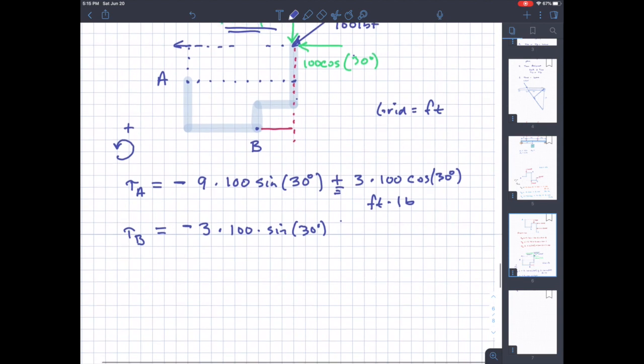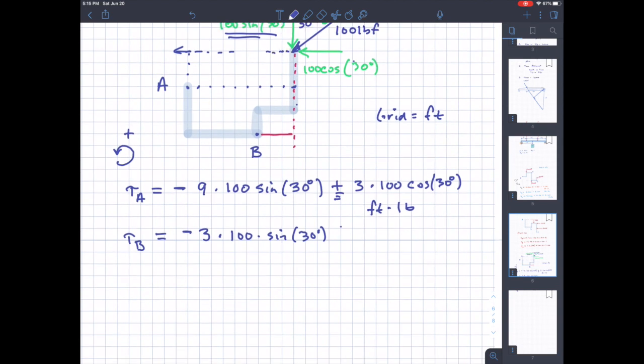The horizontal component, the line of action moves this way, and so we count up 1, 2, 3, 4, 5, 6, 7. So 7 times 100 times cosine 30 degrees. Which way is this causing the rotation?